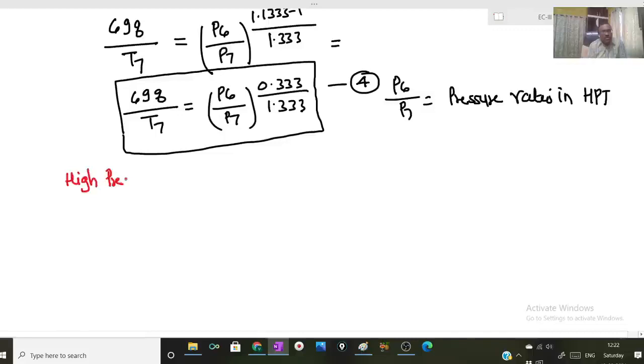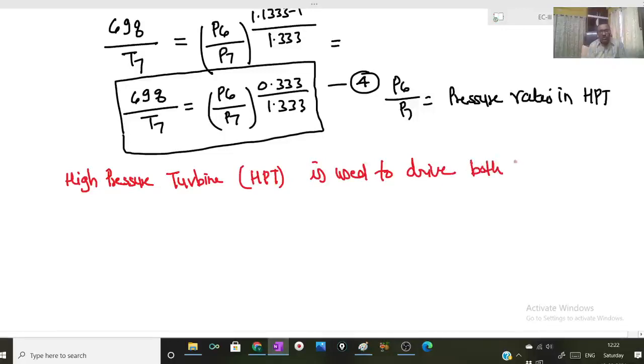The high pressure turbine, HPT, is used to drive both the compressors.